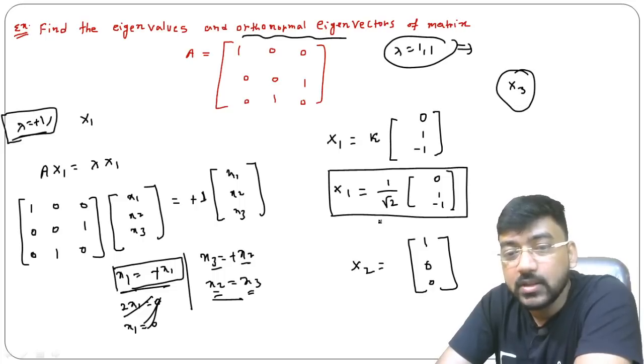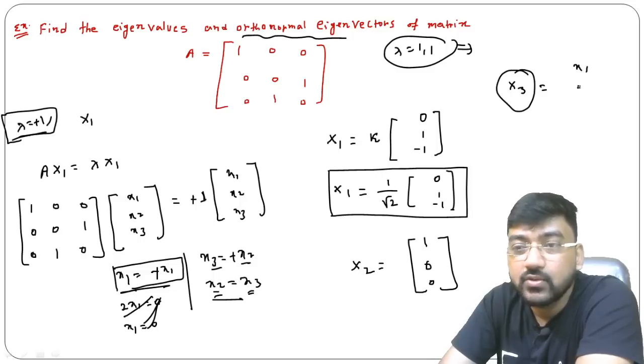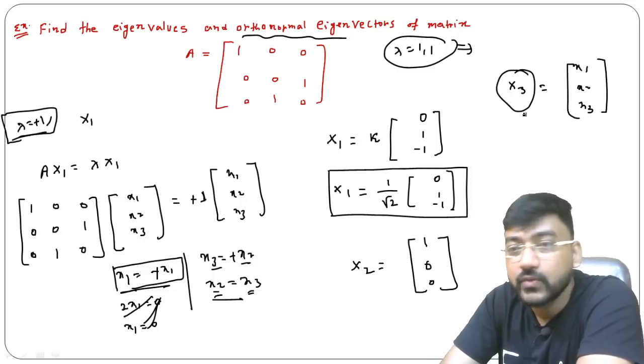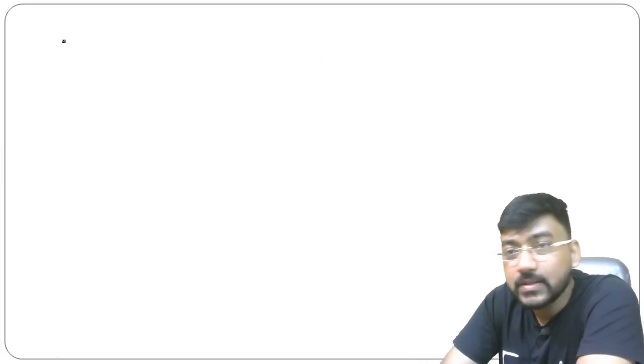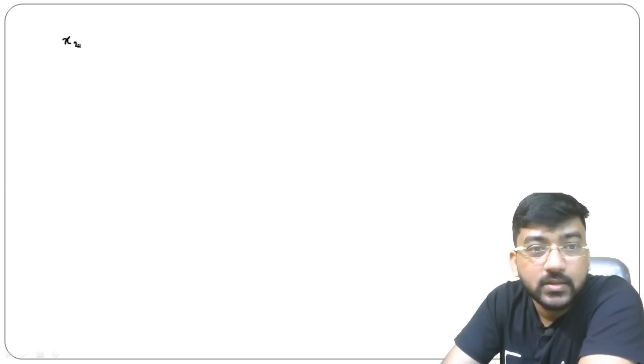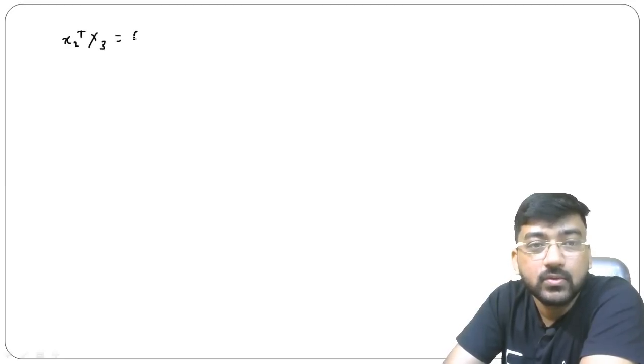So let us take x3 as x1, x2, x3 again. So how you can find out this x3? If x3 is orthogonal to x2, then obviously this equation will satisfy: x2 transpose x3 is equal to 0.